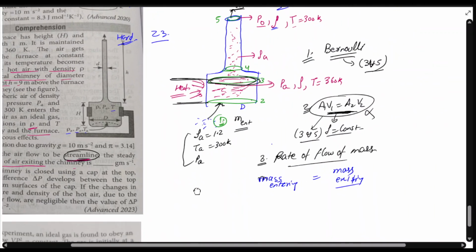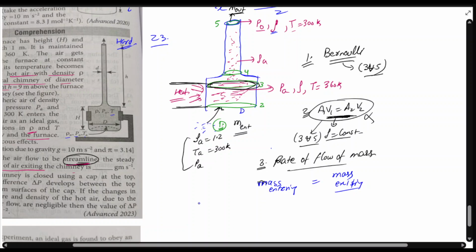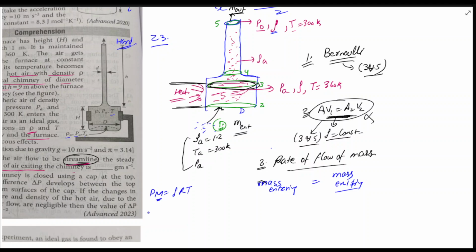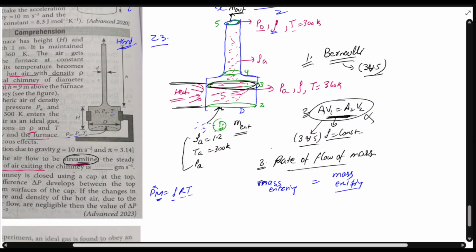We have an equation, PM equals rho RT. The molar mass is the same. We don't know the pressure, but we have the density, R, and T. If we use this equation, we need 2 points in our situation where we can use it. Can we take 1 and 3, because the pressure is the same here?